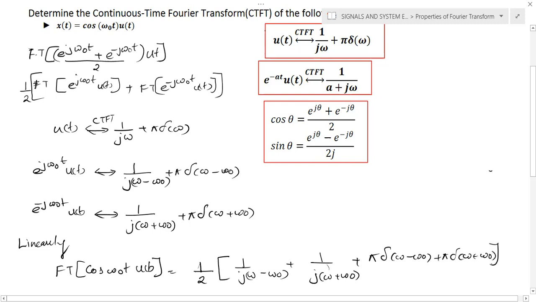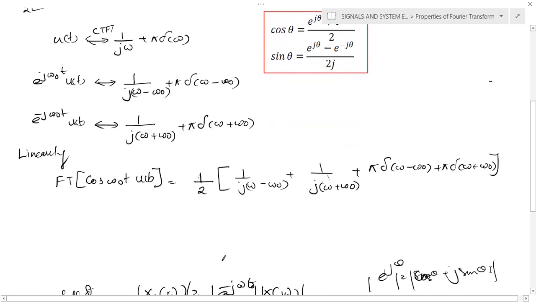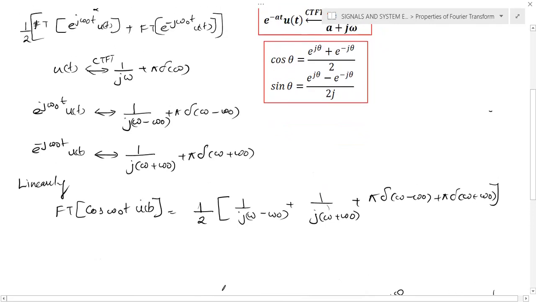So now we can simplify this particular equation. When you simplify this equation, you will get 1 by 2.